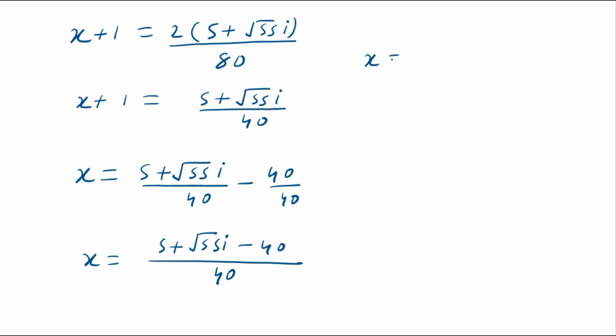Then x equals minus 35 plus square root of 55 times iota divided by 40. This is the third solution. Let's say this is x3. This is our final answer.